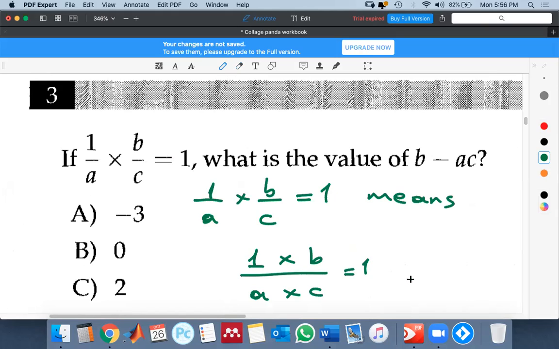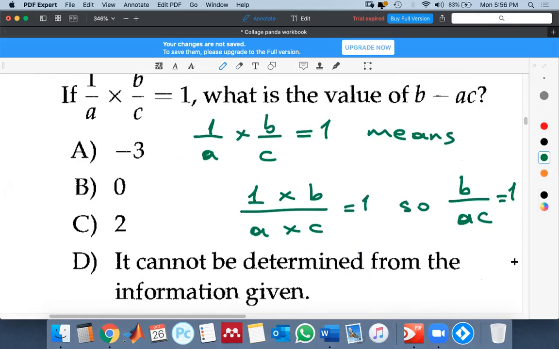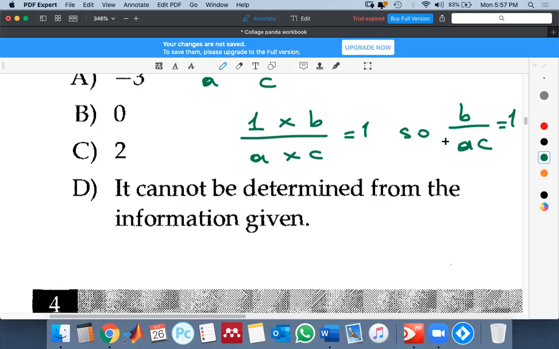Is it true? Yes. So 1 times B is B, A times C is AC. So B over AC is equal to 1, which means this is 1 over 1.